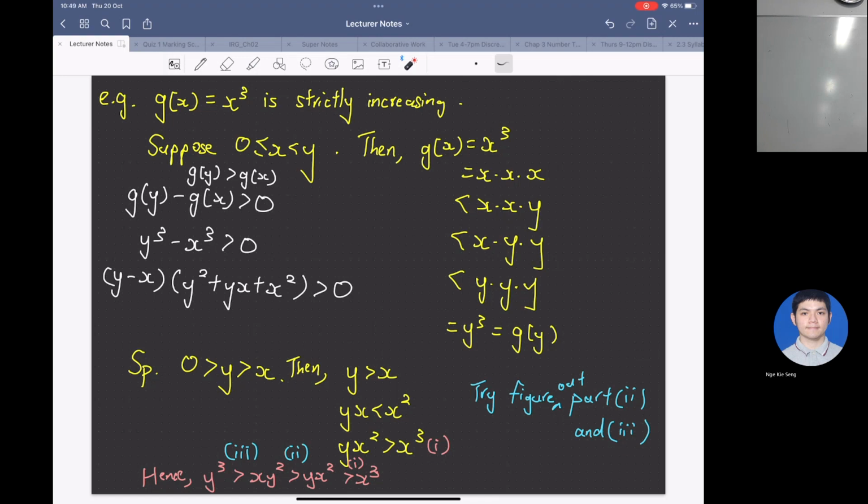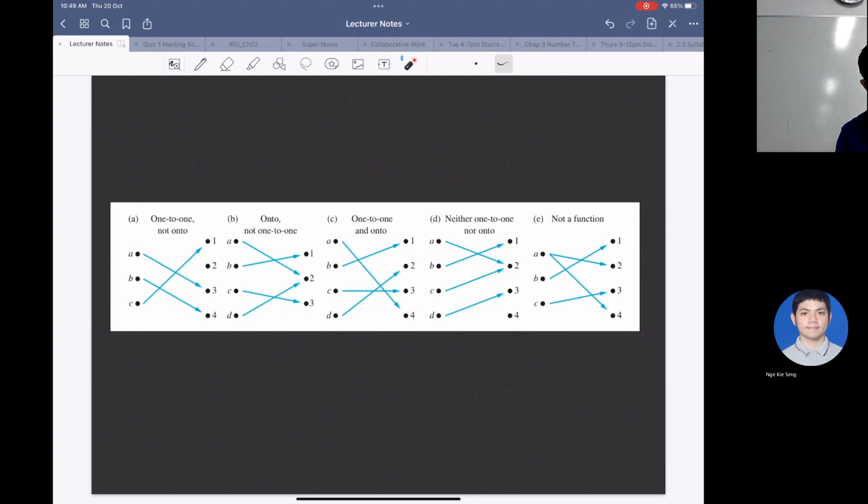What's the key difference for the two? What do you mean? What would differentiate? Why? One-to-one. Yeah, what's your question?